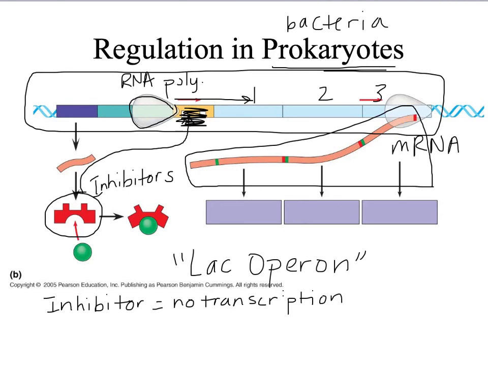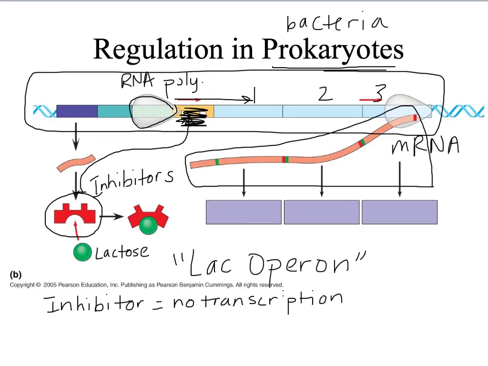However, sometimes bacteria have in their system, or in their environment, I should say, this little green molecule, which is called lactose. Now maybe lactose sounds familiar. Lactose is the sugar found in milk, and it can be a really good food source for bacteria. And so when lactose is in their environment, they want to be able to use it. They want to be able to digest it and get the energy out of it.